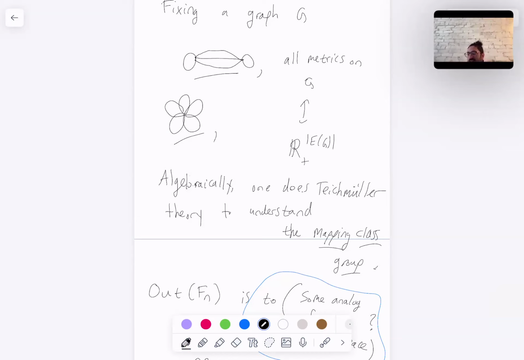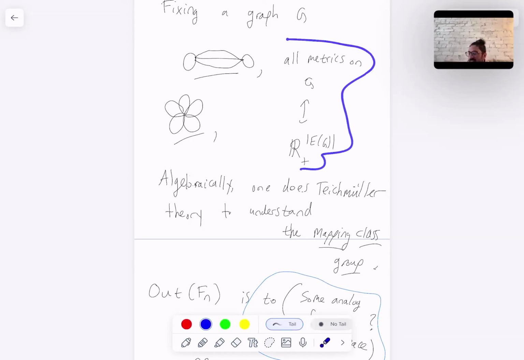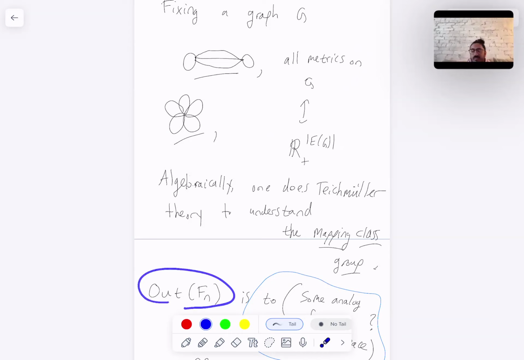Every rank only has a finite number of topological types, and each rank is related to a chunk of Euclidean space via this identification. And now you get the outer space by just gluing these cells together in the appropriate way. And you glue these cells together in exactly the way that you'd be required to do in order to obtain a well-defined action of this particular group on the space.